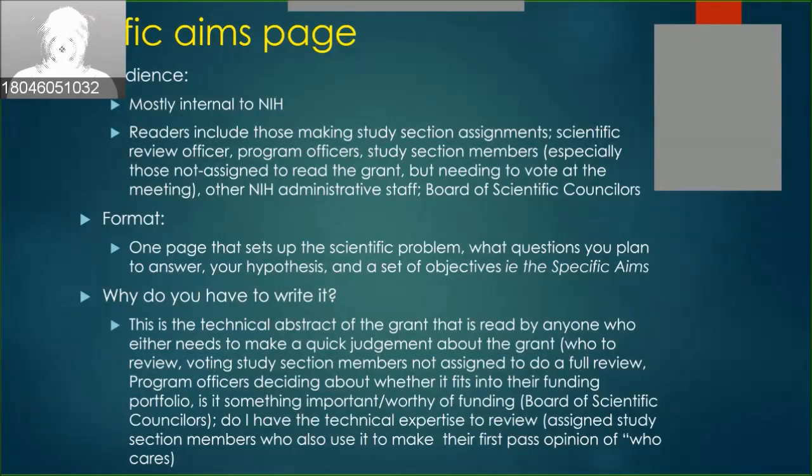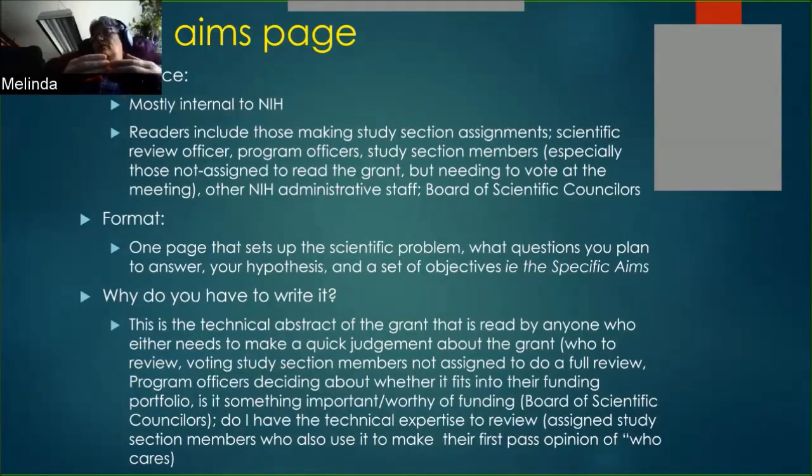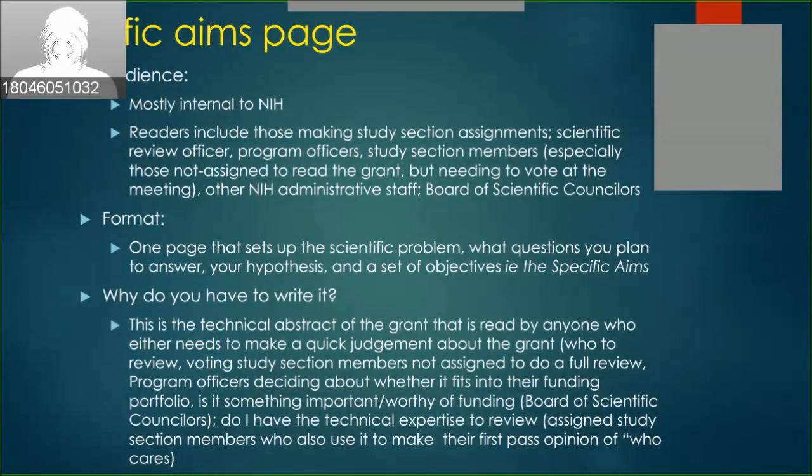It also goes to the program officers. These are the people who make the primary funding recommendations. So they get all of these summary statements and they decide which grants they're going to recommend for funding and which ones they won't.